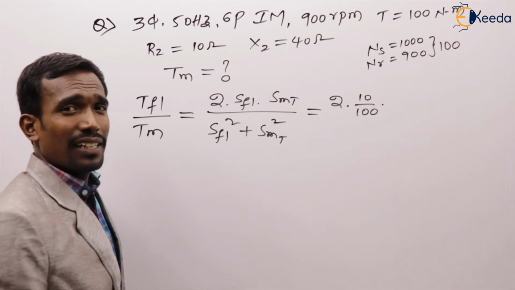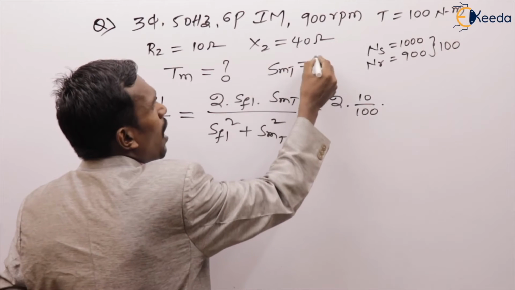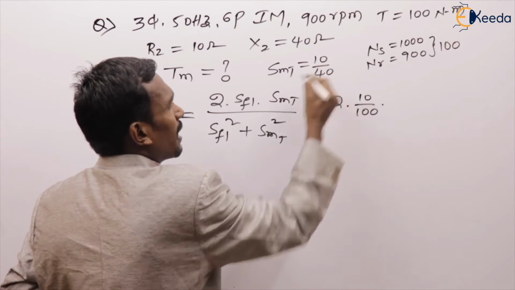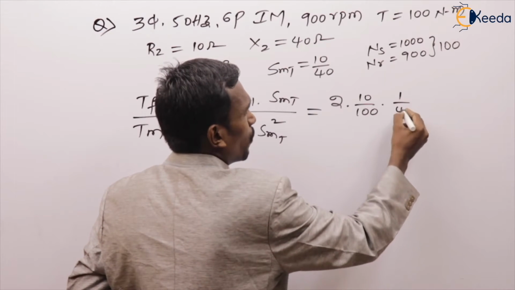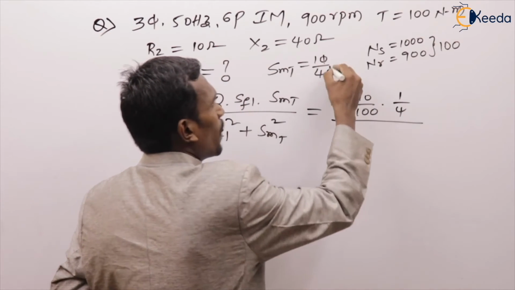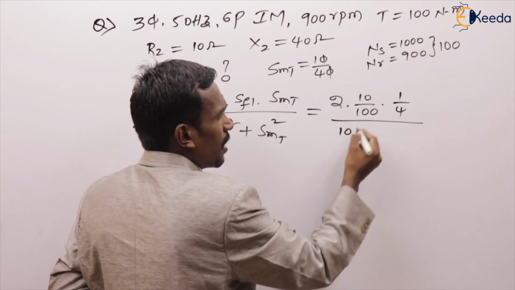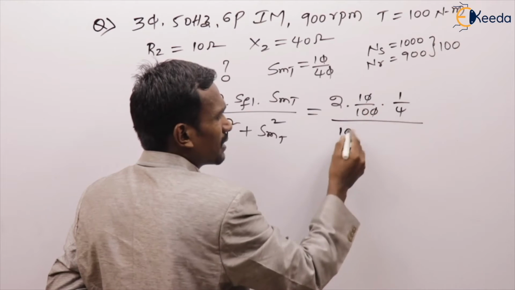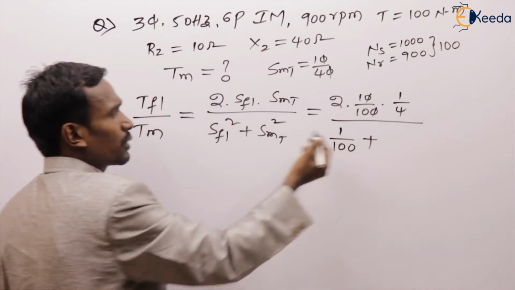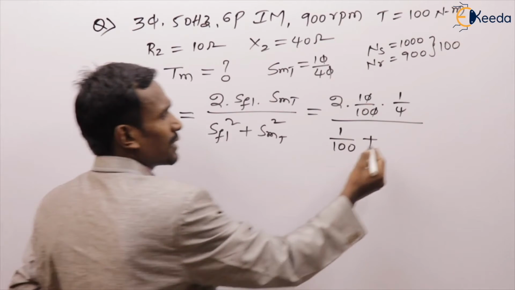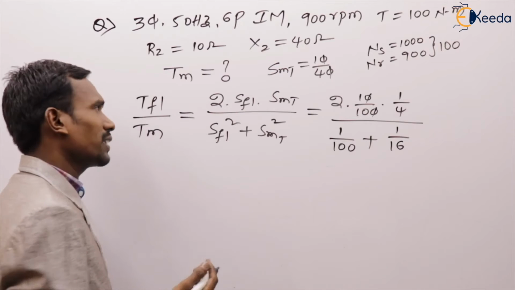What is slip at maximum torque? We know that slip at maximum torque equals R2 by X2, which is 1 by 4. Slip full load is 1 by 10, so slip full load square is 1 by 100, plus slip maximum torque square, 1 by 16.